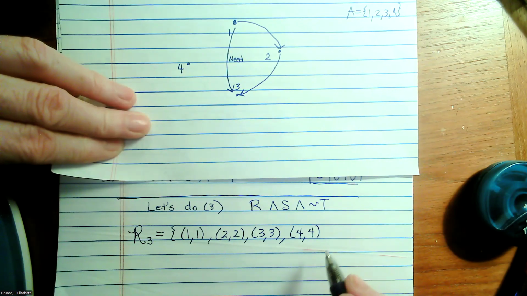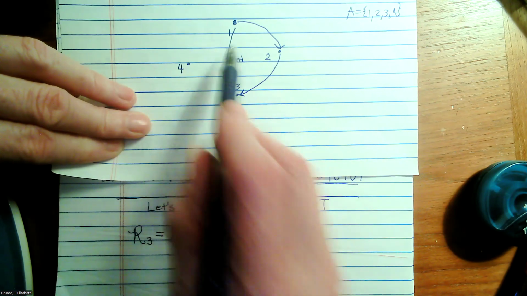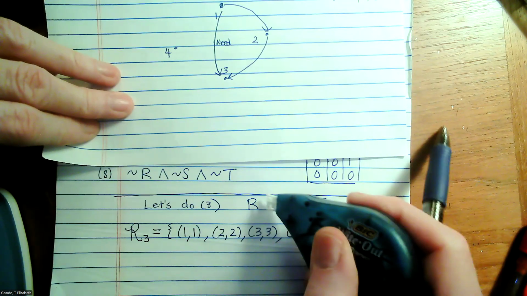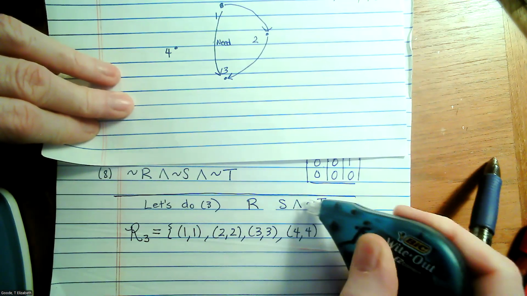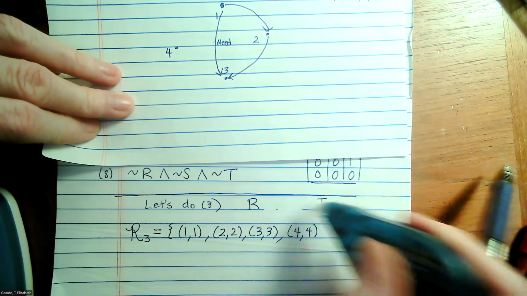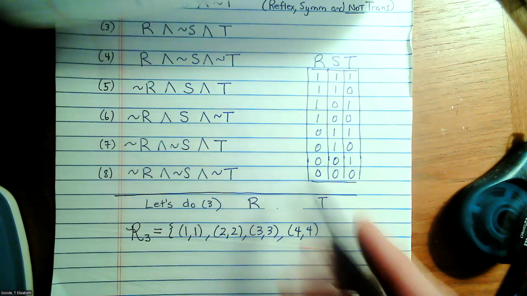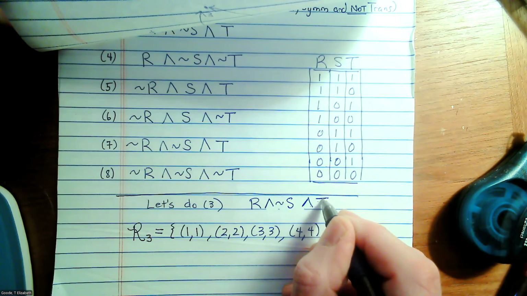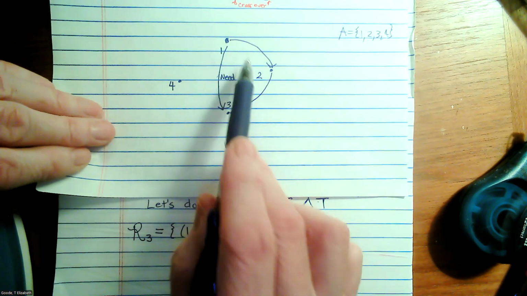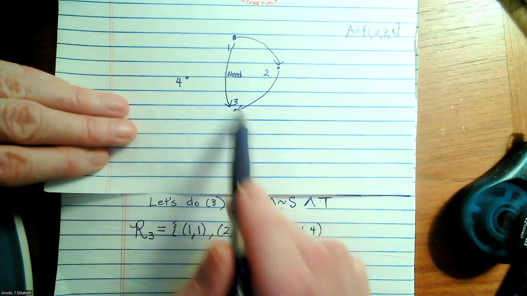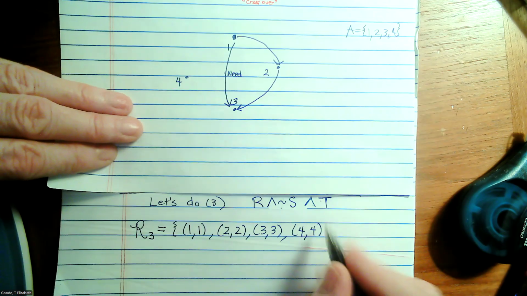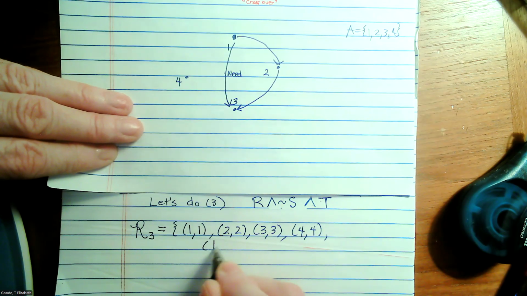Great. Now, wait a minute. It's not S and not T, it's not S and T. Number 3 was, excuse me, three is not symmetric, but it's transitive and reflexive. And this was transitive, right? So what are the ordered pairs that we're seeing here? We see (1,2), (2,3), and (1,3).